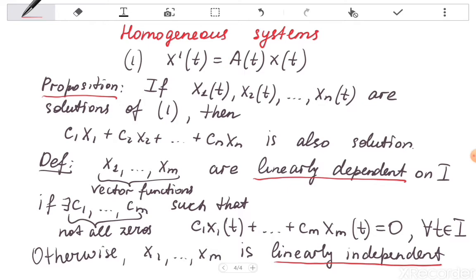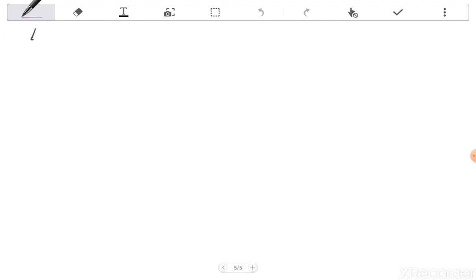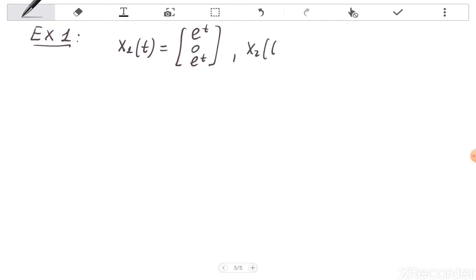So, let's now look at some examples. Example 1. Consider three vector functions. x1 of t is e to the t, 0, e to the t. x2 of t is 3e to the t, 0, 3e to the t.